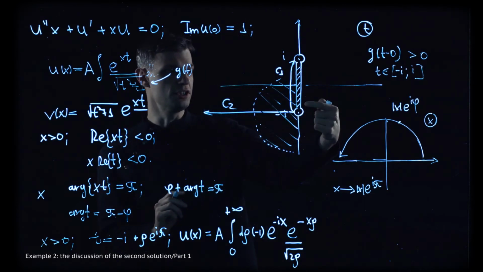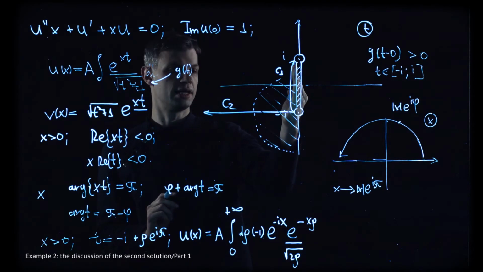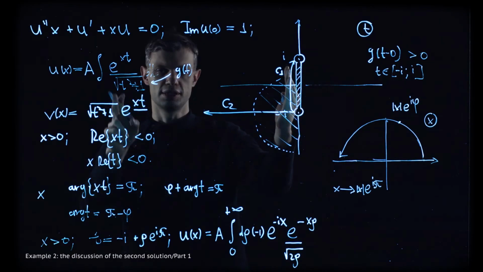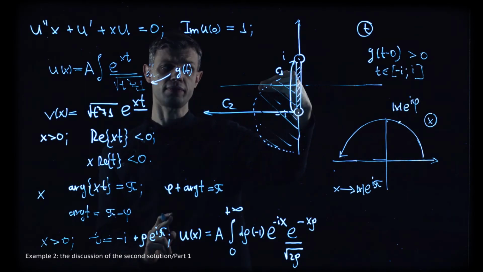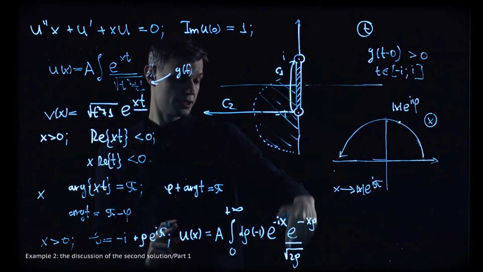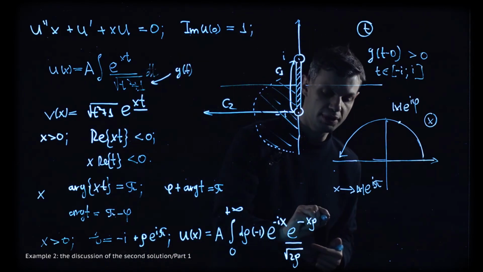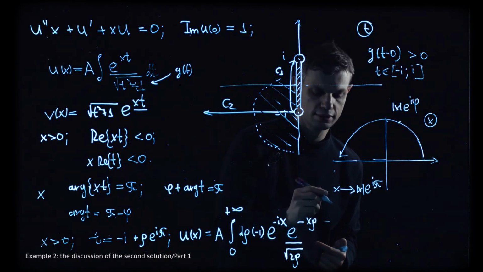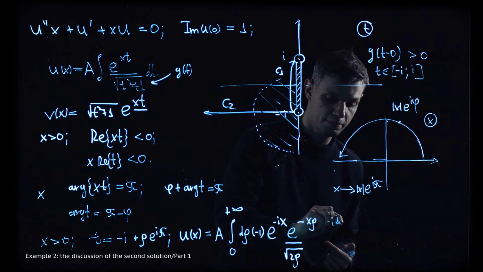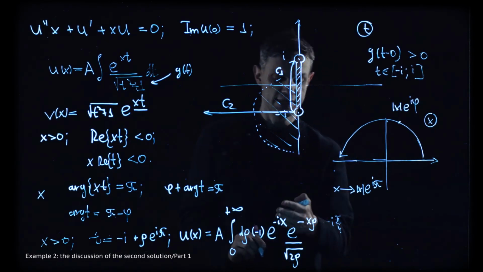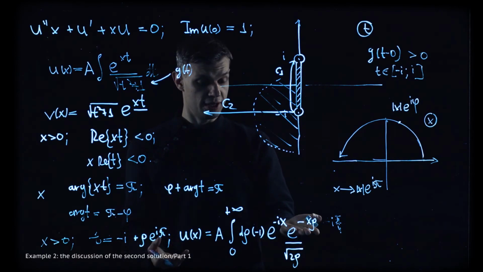Now we move in this direction. So our t plus I factor changed its argument by plus pi by 2. So the square root gives pi by 4, and we put it in the denominator. So it's going to be minus I pi by 4.